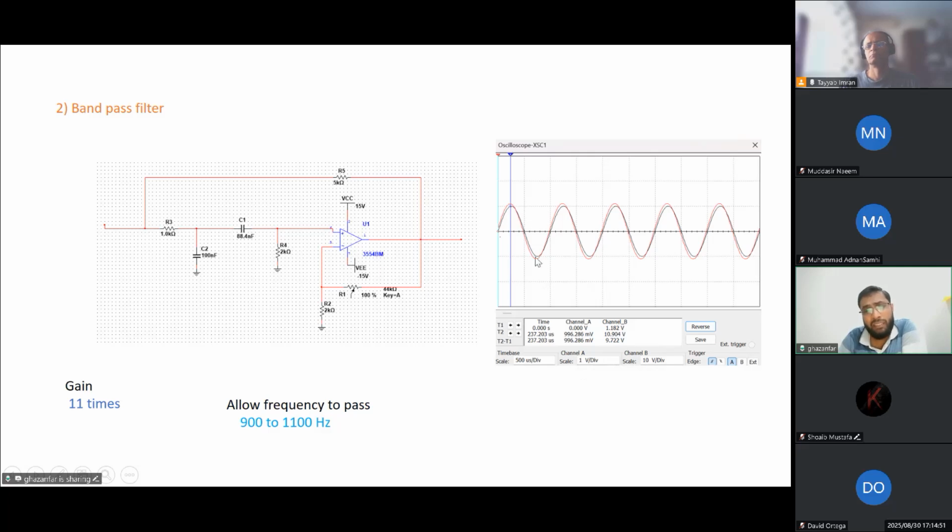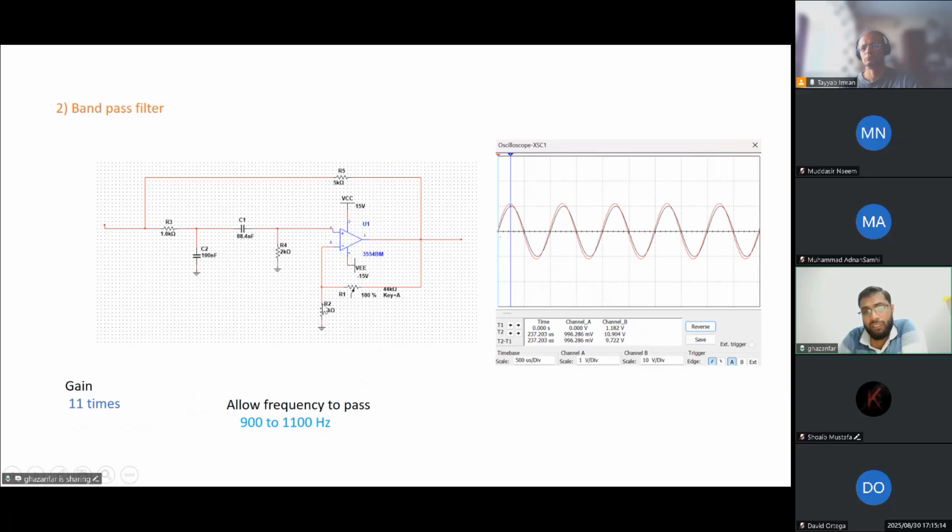The black one is our input signal, and the red is our output signal. So it's almost 11 volts per division, and we get almost 11 times gain.